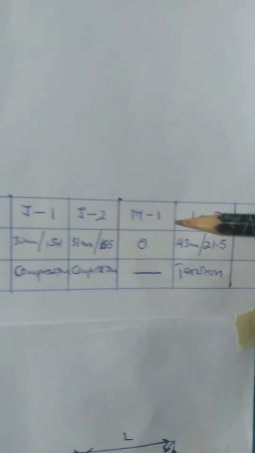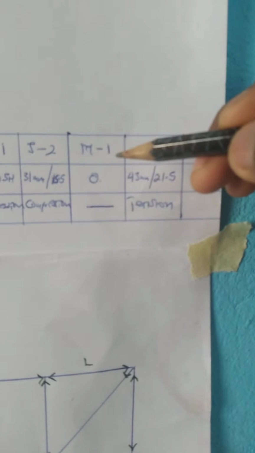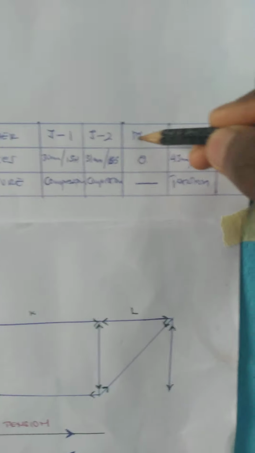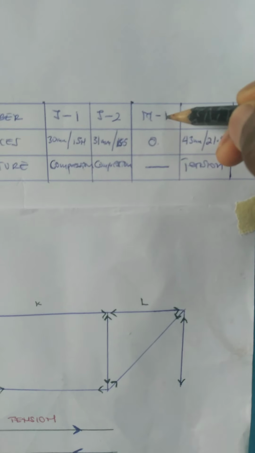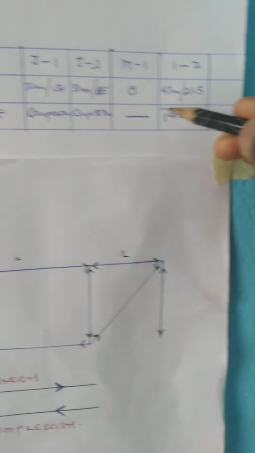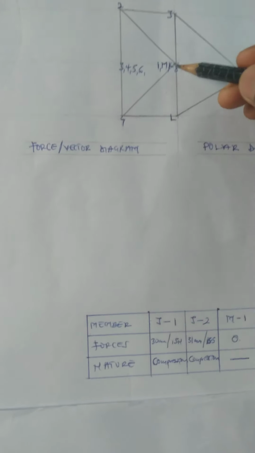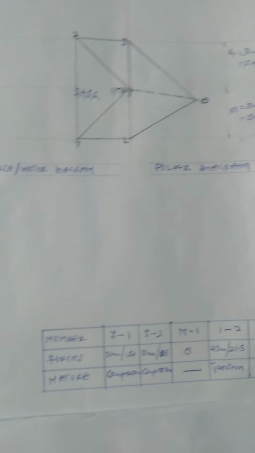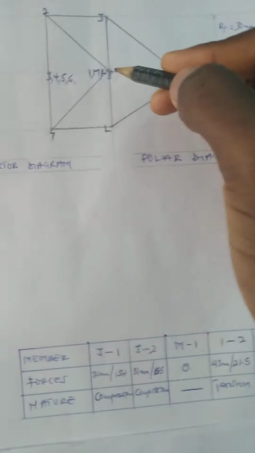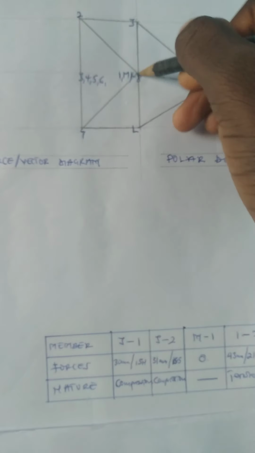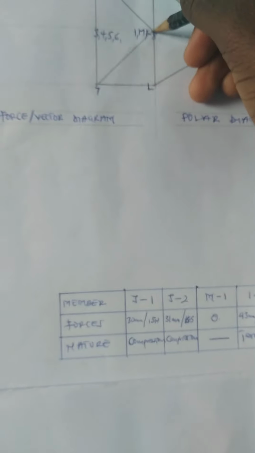When you come back to the magnitudes of the forces, in member M1 it was 0. So when it is 0, my brother, my sister watching me, the nature of the force becomes a dash. There is no nature of force in it because the magnitude is 0, since 1 and M lie on the same point.